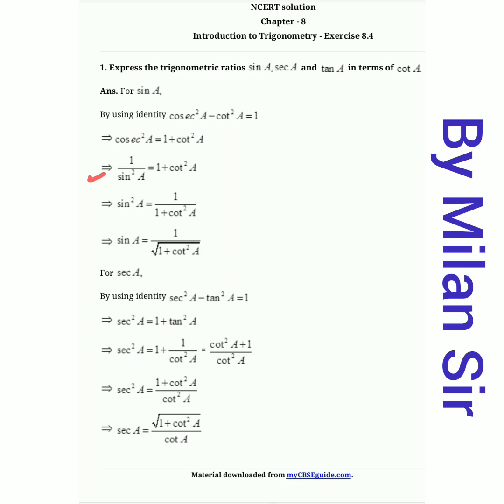Then we need to find sin square A. Right? So take the inverse from both the sides. So here 1 upon sin square A. Sin square A means the denominator goes in the numerator and the numerator goes in the denominator. So it will be converted into sin square A by 1, but no need to write 1 in the denominator.